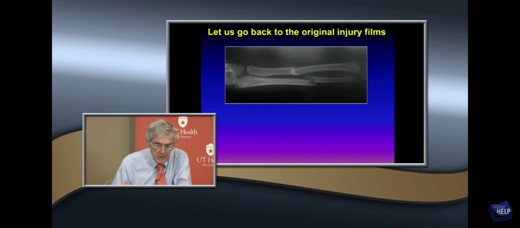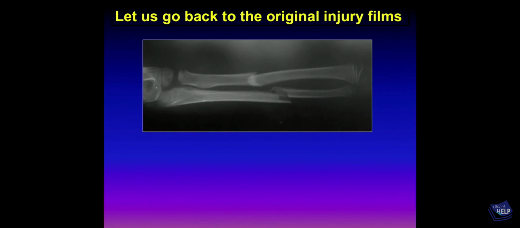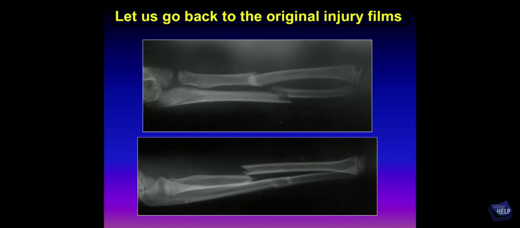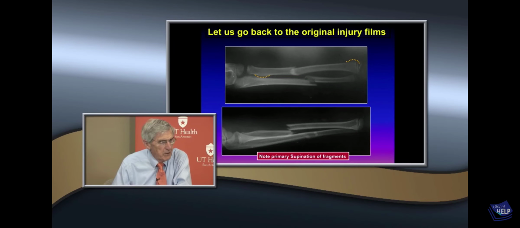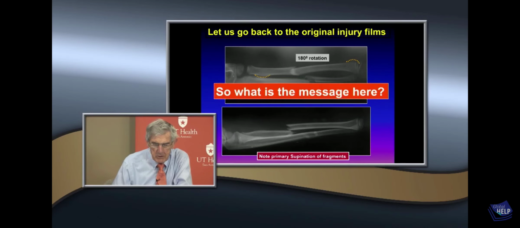Now, really, what you need to do is go back to your original x-rays and see what's happened here. If you look at the original x-rays, you had really primary supination of that proximal fragment, and it was pretty well aligned initially, but when they put it into 90 degrees of neutral, you just rotated the distal fragment, and remember, you can't control that proximal fragment, so it had 180 degrees of rotation.